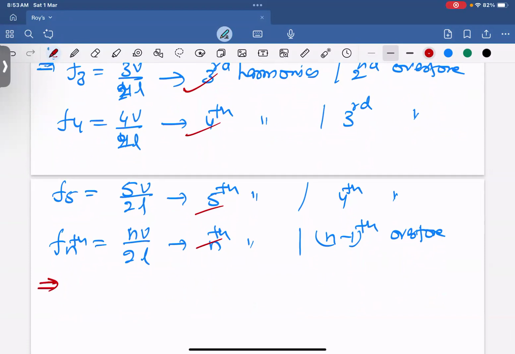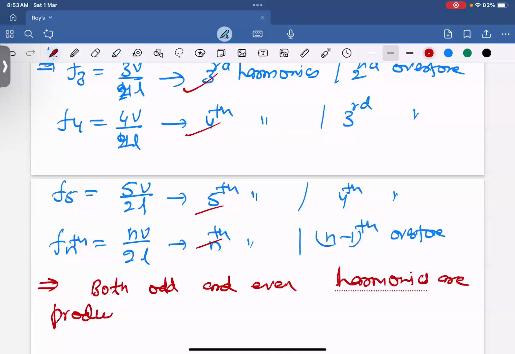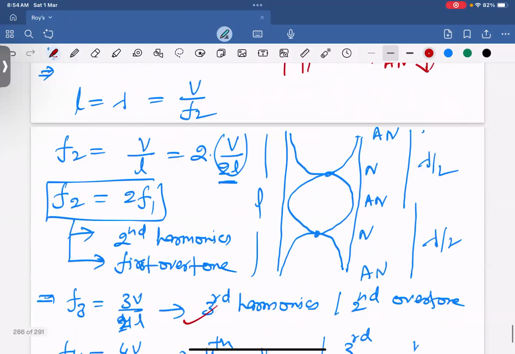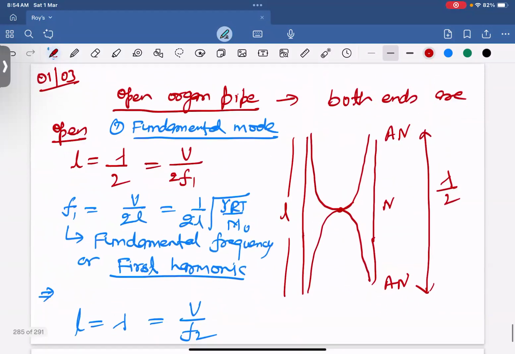It means we can say that both odd and even harmonics are produced in an open organ pipe. Understood, Neil? Understood, sir. Okay, you can write.